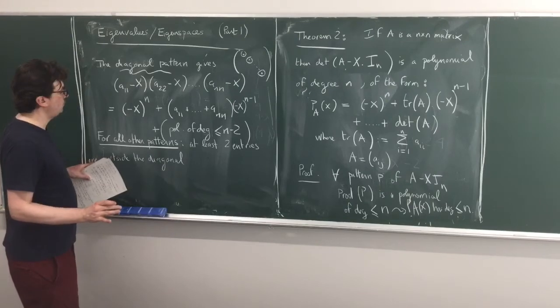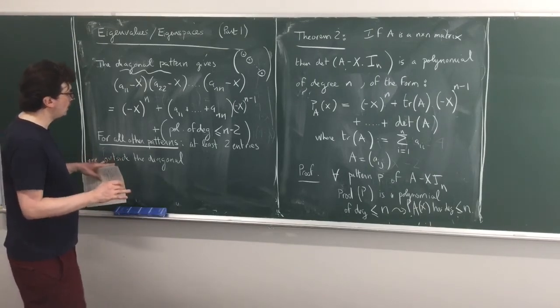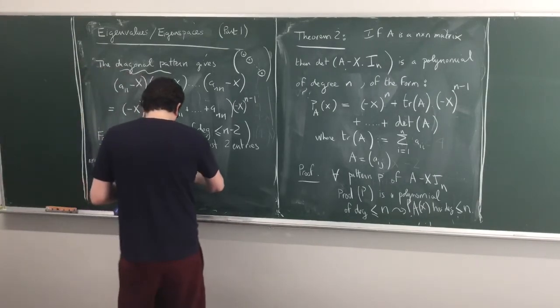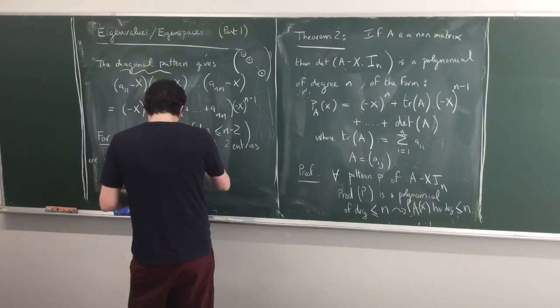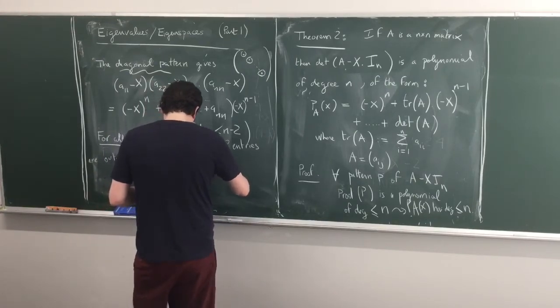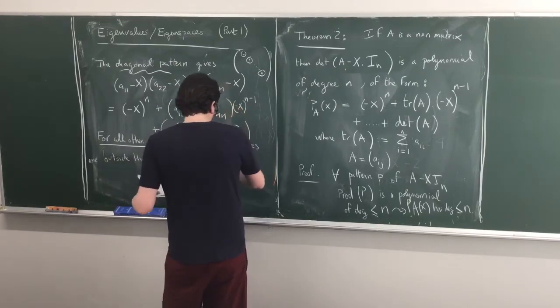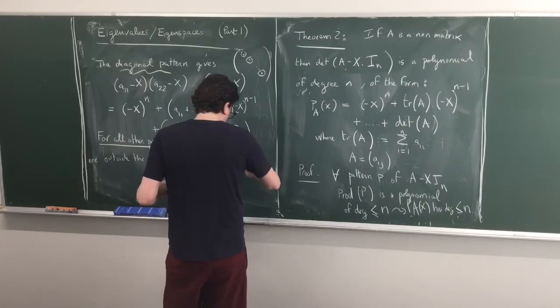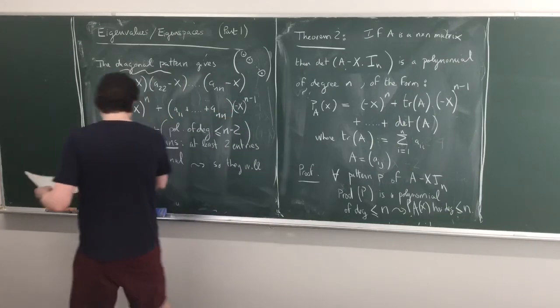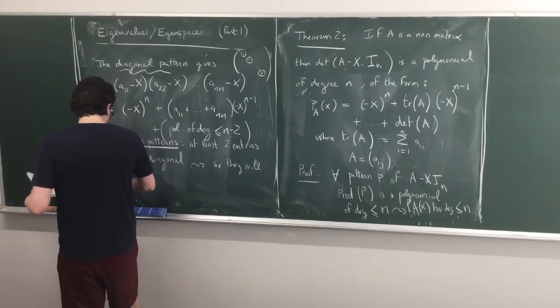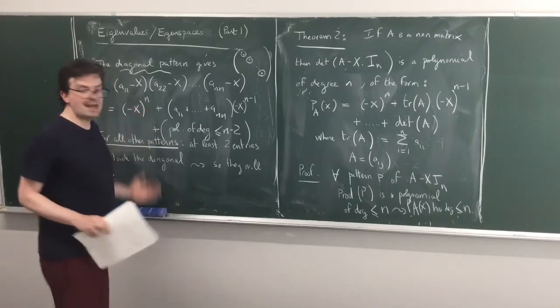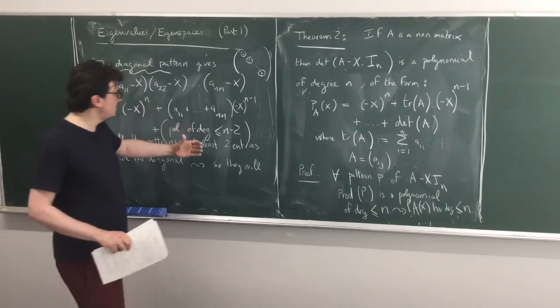If you take any other pattern than the diagonal one, at least two entries will be outside the diagonal, and so they will give, so outside the diagonal means that you don't have x at these entries.